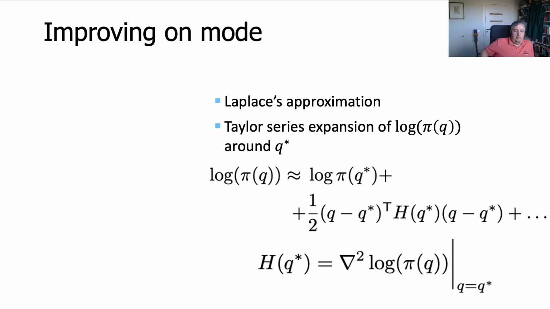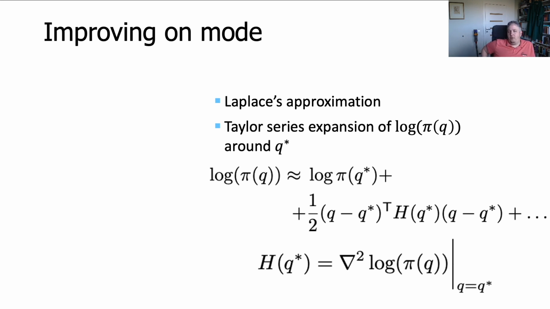This is an idea proposed by Pierre-Simon Laplace, one of the inventors of modern probability, who proposed the approximation of the probability density function using the Taylor series expansion, but not of the probability density function itself, but its logarithm.